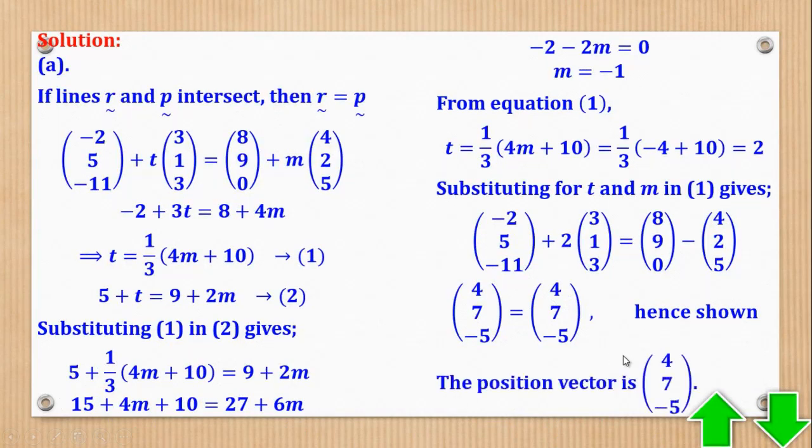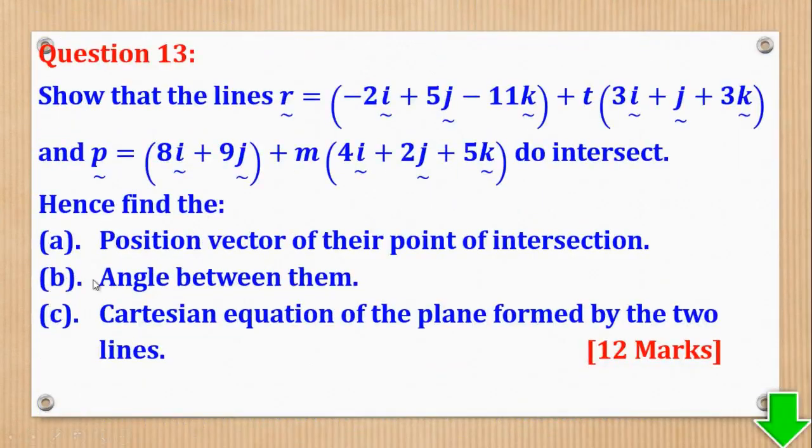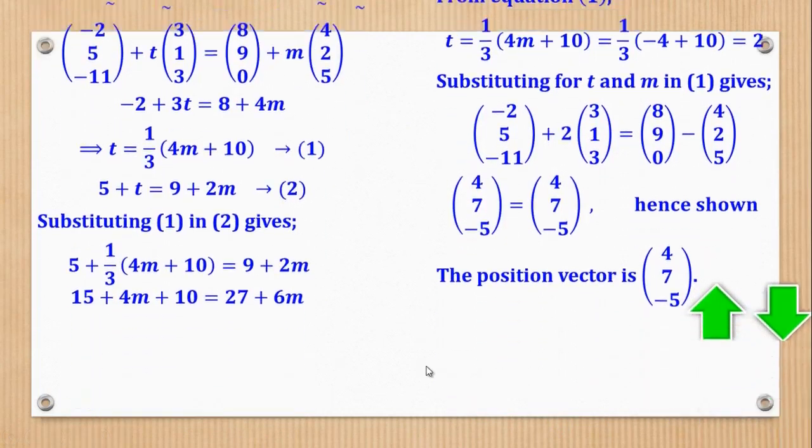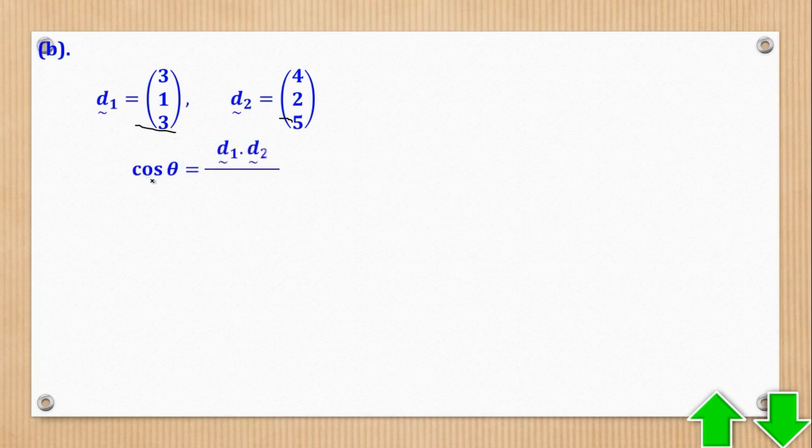That was part A. Then the angle between them, there we use the direction vectors and dot product. So yeah, the direction vector of the first line is this, second line is that, therefore we shall come and use dot product.